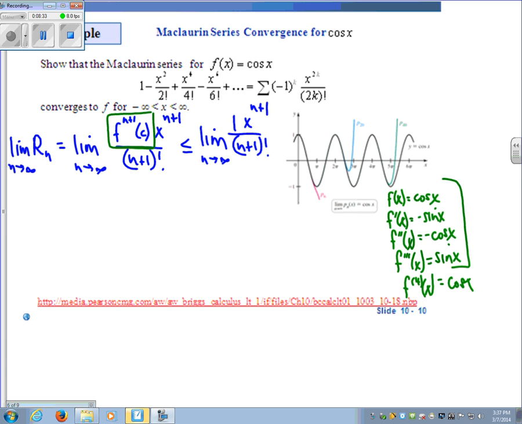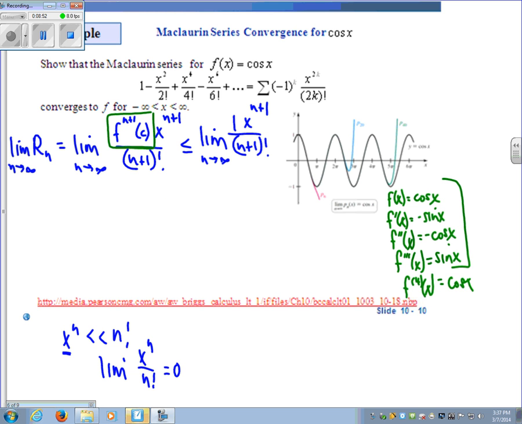And now for the same reason as before, we know that the function x to the n grows more slowly than n factorial, since this would be some fixed number raised to the nth power. And that means then that the limit of the smaller of the two must be equal to 0.